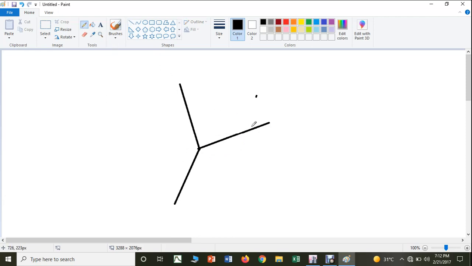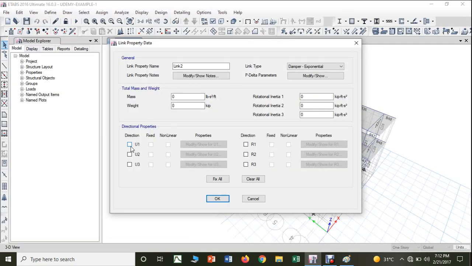Similarly, I will have the rotational effect along x, the rotational effect along y, as well as the rotational effect along z. Now you have an option here: u1 represents one direction, u2 another, u3 another, that is translational effects. Similarly, r1, r2, r3 represent rotational effects.